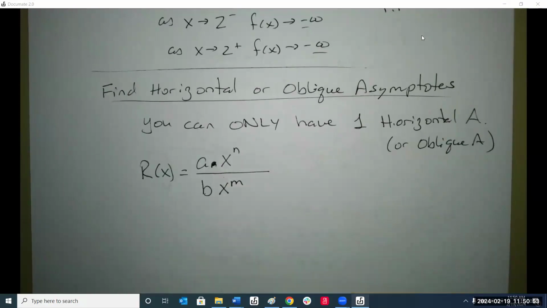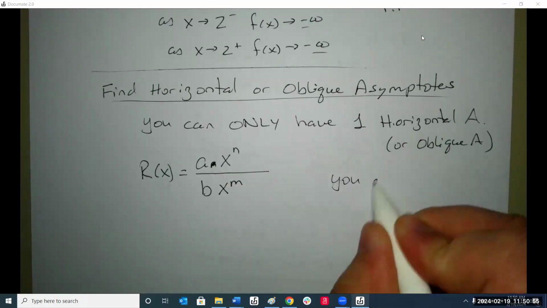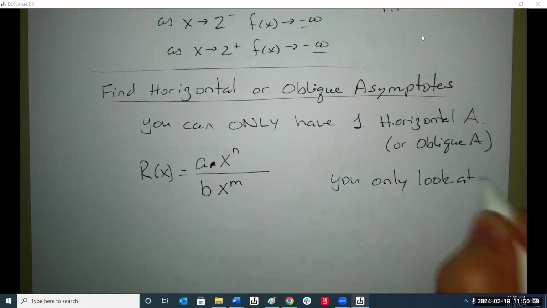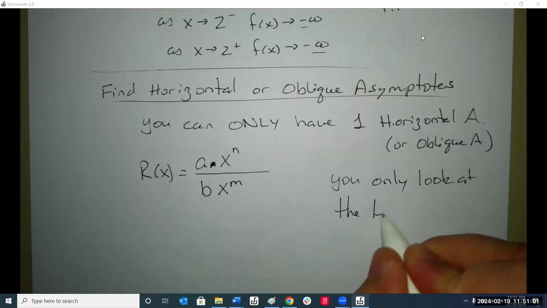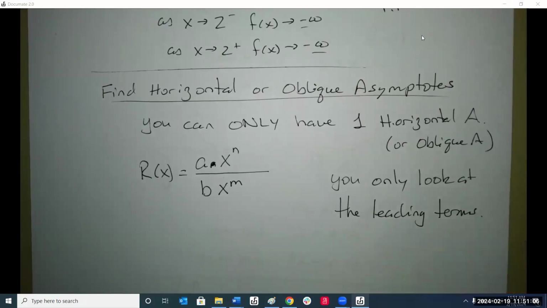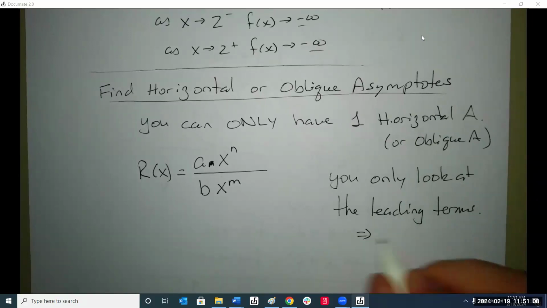So you only look at the leading terms. More so, their degrees.